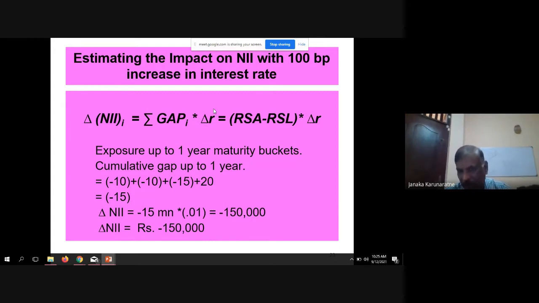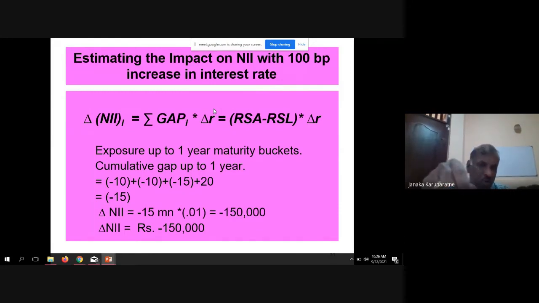In a very low interest rate regime, there is a greater probability, let's say 90% probability, to go up and only 10% probability to come down further. So if the likelihood is that rates go up, better to lock in longer term funds.